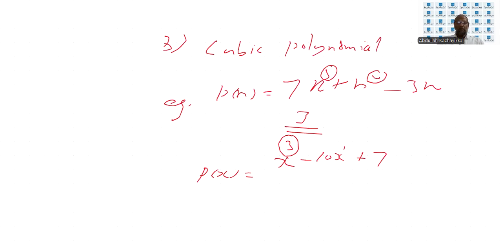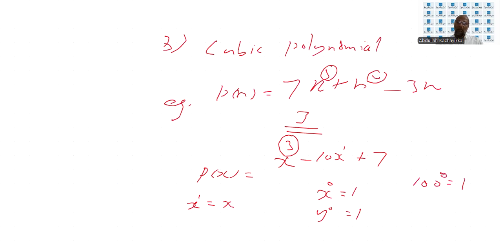But don't confuse, dear children. I told you x to the power of 1 is equal to x. Now what is x to the power of 0? y to the power of 0? We studied that any number to the power of 0 means 1. 100 to the power of 0 is 1.